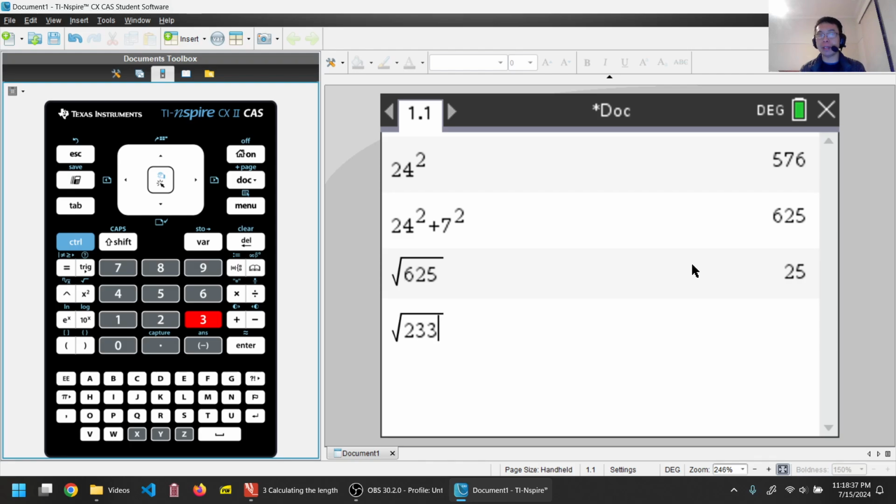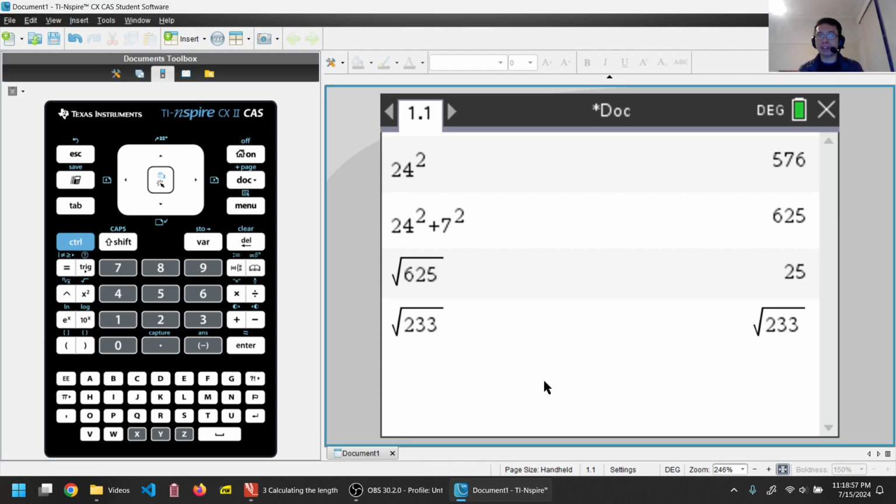And if you have a CAS calculator, if you just press enter, you might get that as your answer. This is called an exact value. We don't want an exact value, we want a decimal approximation. So what you need to do is, instead of pressing enter on the CAS, if that's what you're using, you should press control enter instead.